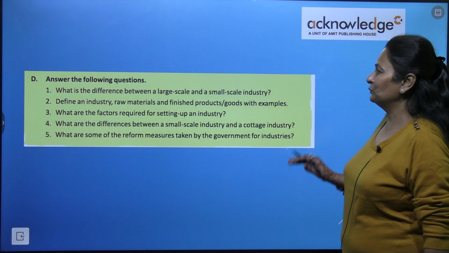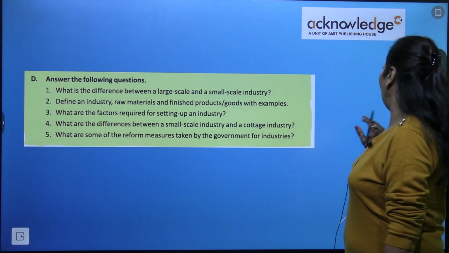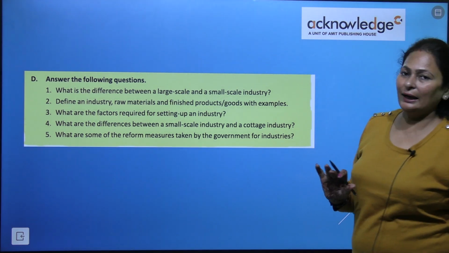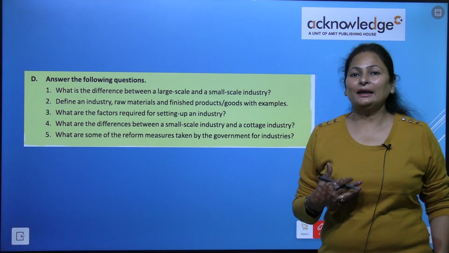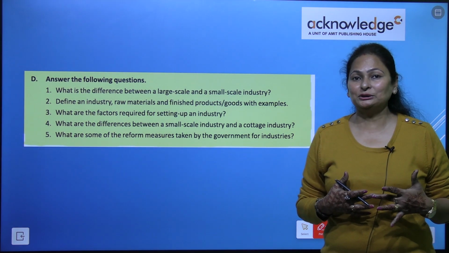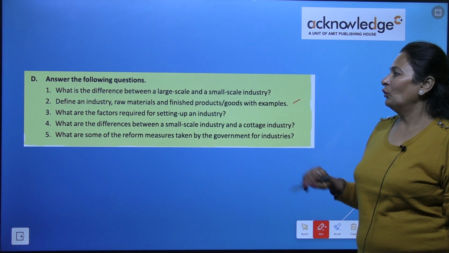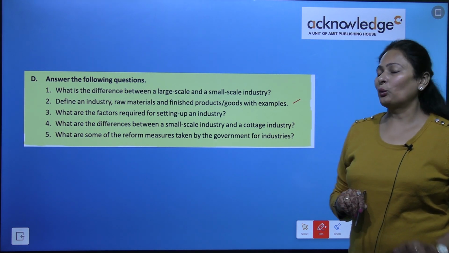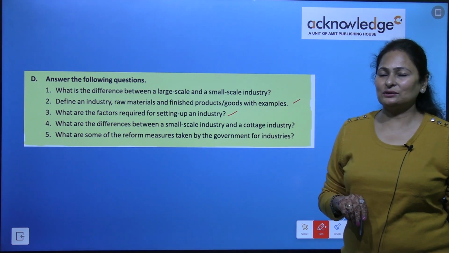Now, it's time to do the question answers. What is the difference between a large scale industry and a small scale industry? Define an industry, raw materials, finished products, goods with examples. What are the factors required for setting up a factory or industry?